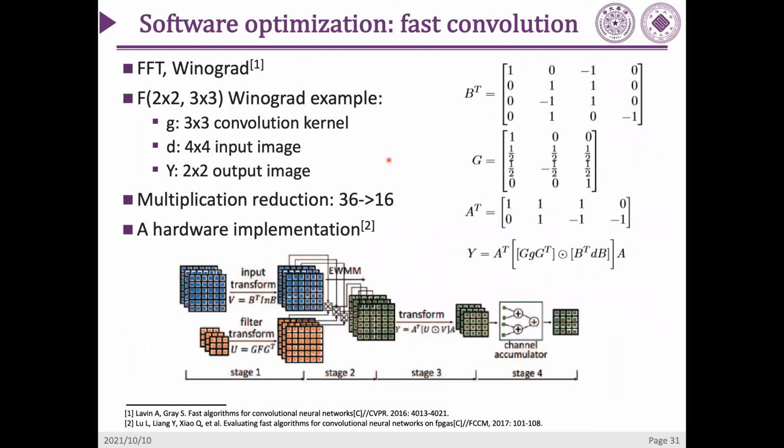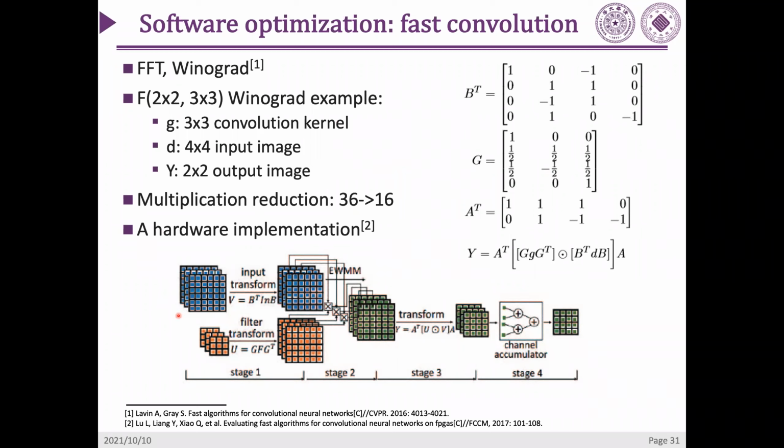Another software optimization technology is fast convolution, such as FFT and Winograd. I'm not trying to explain the technology, but you can see that if you use Winograd, the number of multiplications is reduced from 36 to 16.